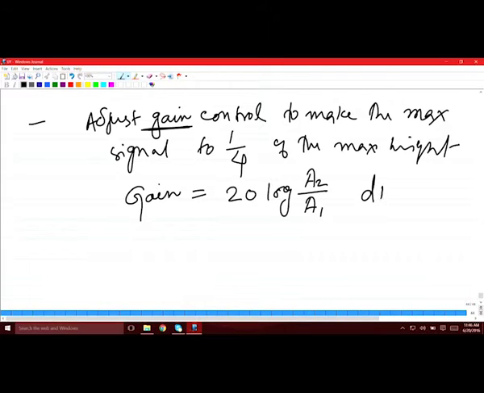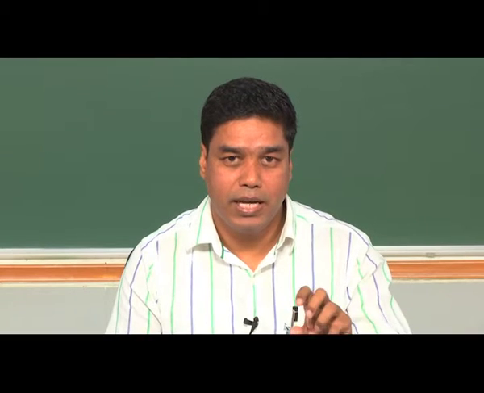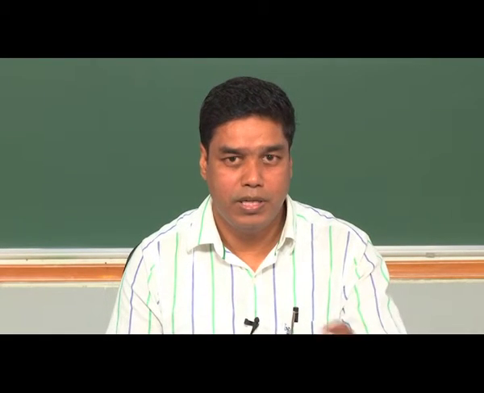In sound waves, it will be in terms of decibel. For example, if you increase the amplitude twice, okay, then gain will be 20 into log 2 or 6 decibel. Okay.